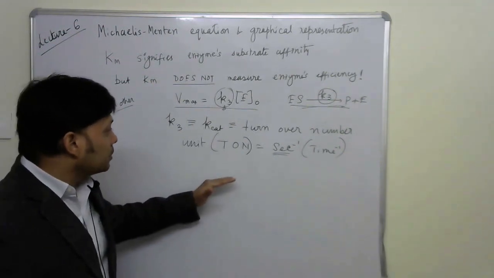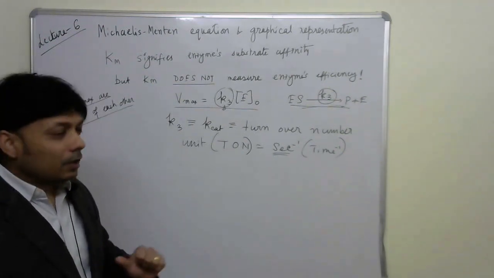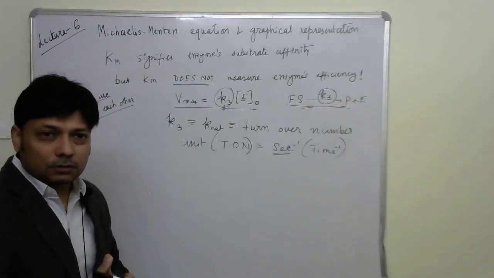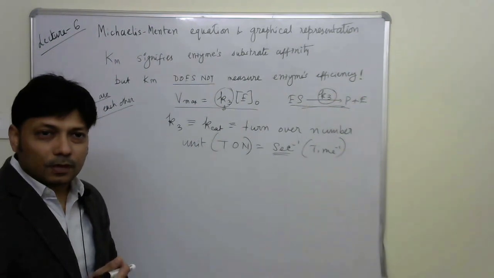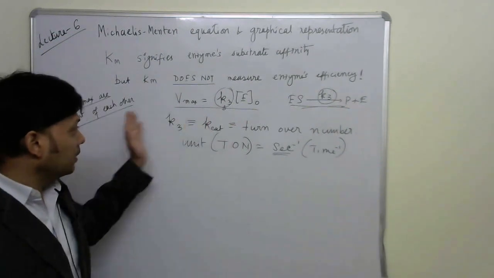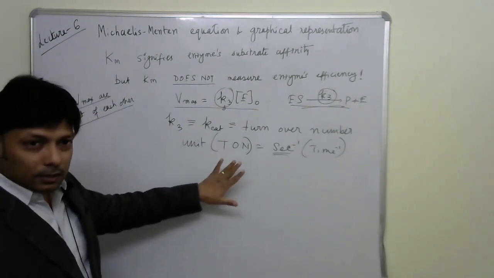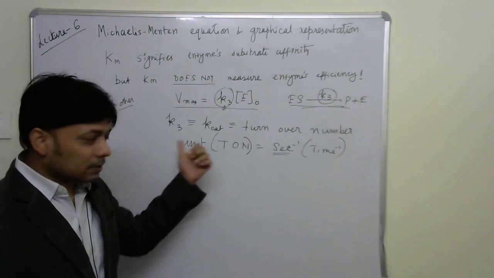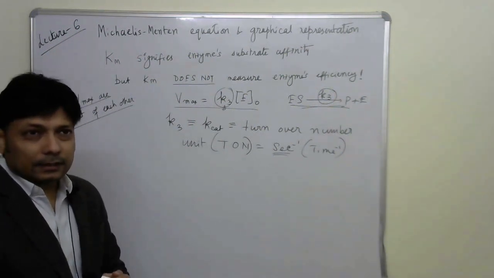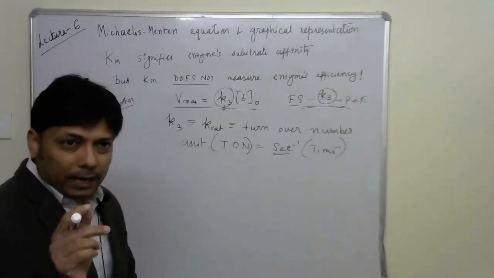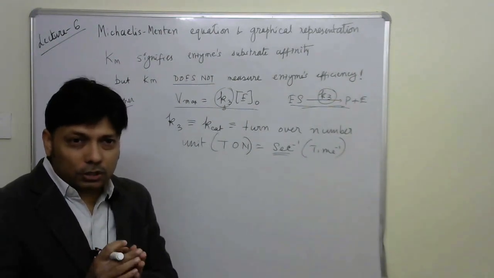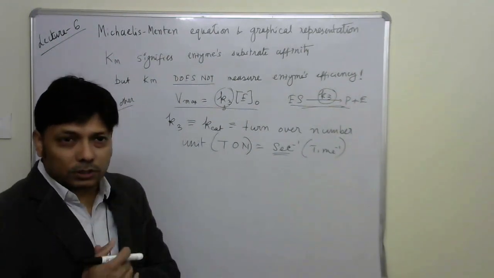So now here comes the point: efficiency. Does the turnover number itself directly talk about the efficiency? In the last few minutes, the discussion we had just previously, I told you that if an enzyme has a lower Km value, it would require a lower substrate concentration to show its maximum velocity.